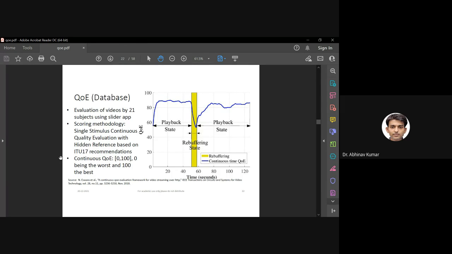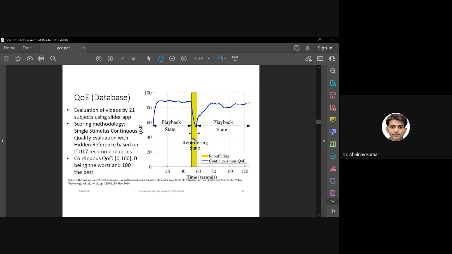So he designed the whole app himself, and we helped him through the overall process. But really good effort at his end, and it involved essentially using this slider kind of approach to rate the continuous QoE, right? And he followed the ITU recommendations, and the rating was translated into a number from 0 to 100, where 0 is worst and 100 is the best video quality.